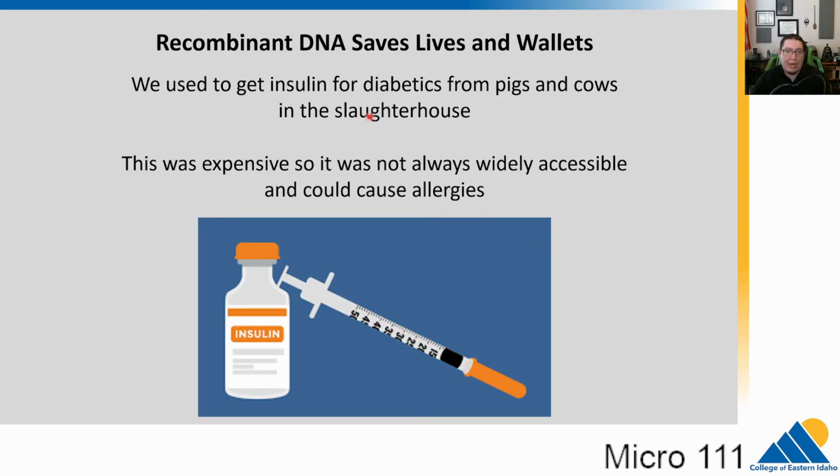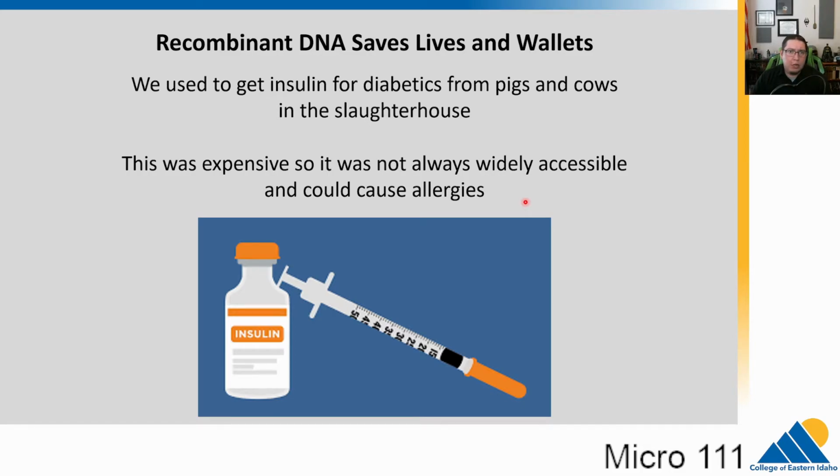So not only was that expensive, and not widely available, but also some people are allergic to pig or cow insulin. The pig and cow insulin proteins are very similar to ours, but they have slight differences that can lead to people being allergic to them. That's very bad if you're a diabetic, right? You then cannot use those insulin forms. So it's expensive, it's hard to get around, it's a limited supply, and it could cause allergies.